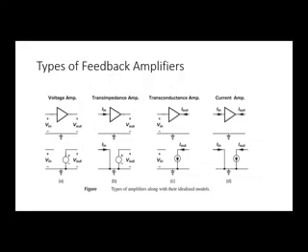Note that the gains of transimpedance (transresistance) and transconductance amplifiers have dimensions of resistance and conductance respectively. These are the types of feedback amplifiers and the simple implementation of the four types of amplifiers.